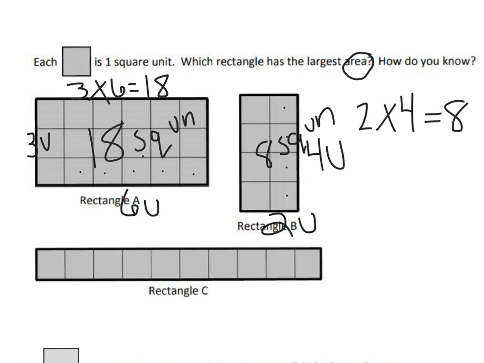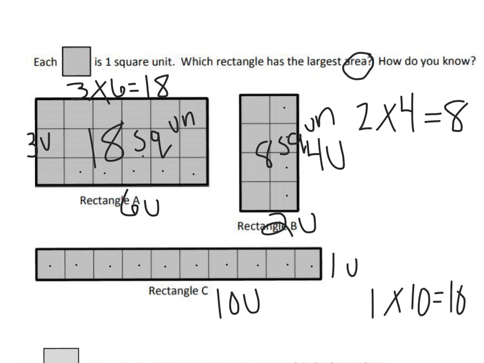And for rectangle C, this one's easy. There's 1 unit that goes across, and there's 1, 2, 3, 4, 5, 6, 7, 8, 9, 10 units. So I would literally just multiply 1 times 10 equals 10. So there's 10 square units in this rectangle.